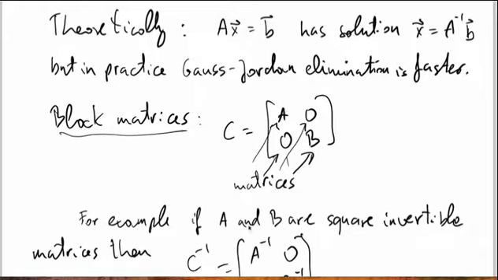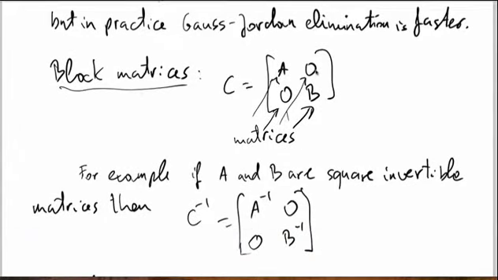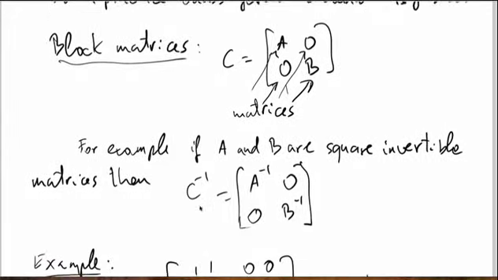The interesting case is when A and B are square and invertible matrices. What happens then is that you don't have to go through the whole inversion process for the huge C matrix. If you want to calculate the C inverse, you could just calculate the inverse of A and the inverse of B and replace A and B with them. And that would be the inverse of the C matrix too.